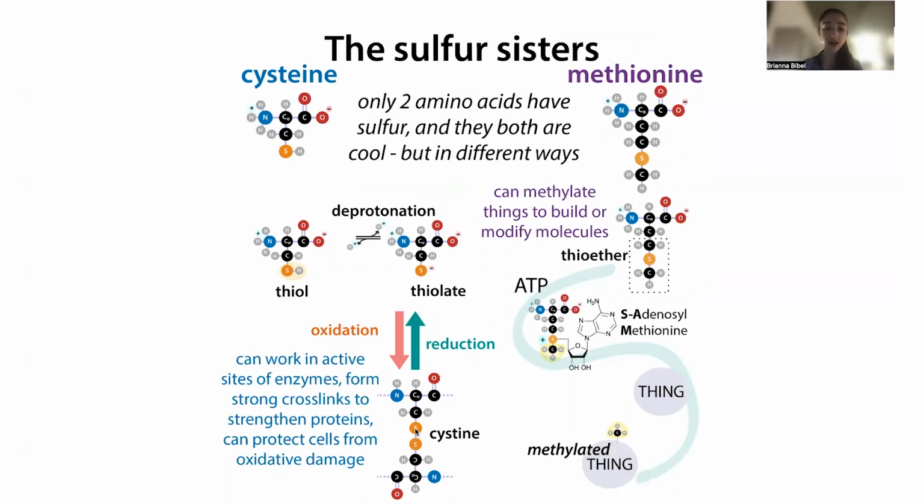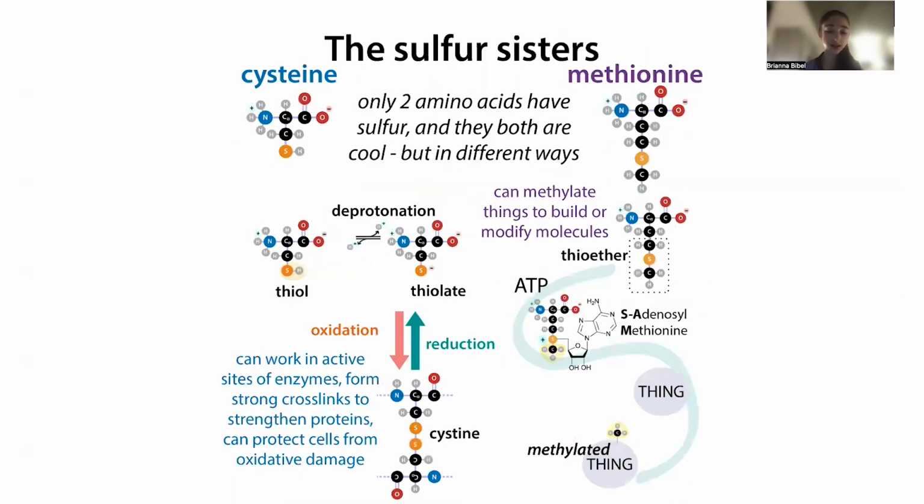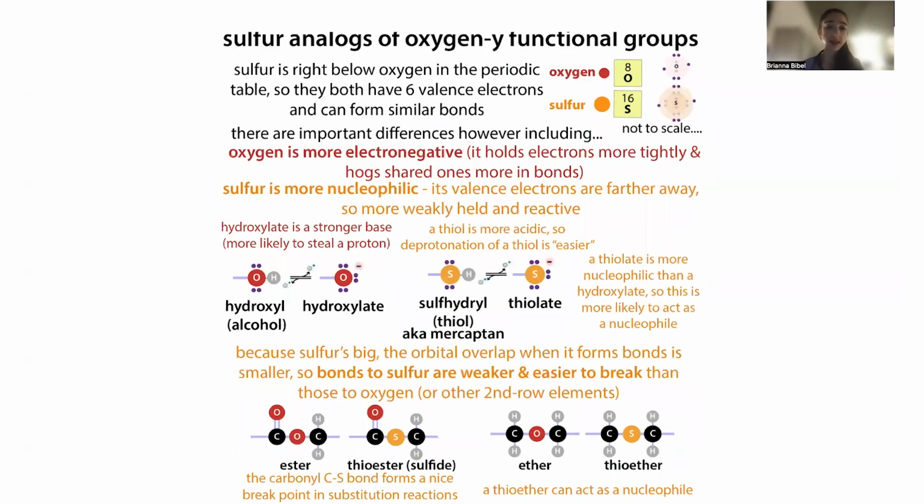They're actually sharing electrons. But sulfur, for reasons I talk a lot more about in my posts on cysteine and methionine, which is the other amino acid that has a sulfur, basically forms weaker bonds. It's got a bigger electron cloud. It's harder to form strong bonds, and so it's going to be easier to break those up.